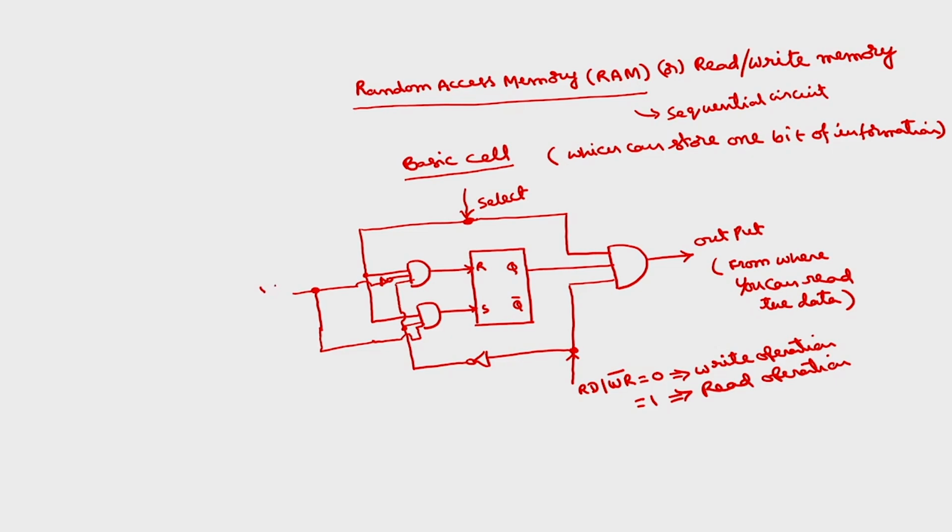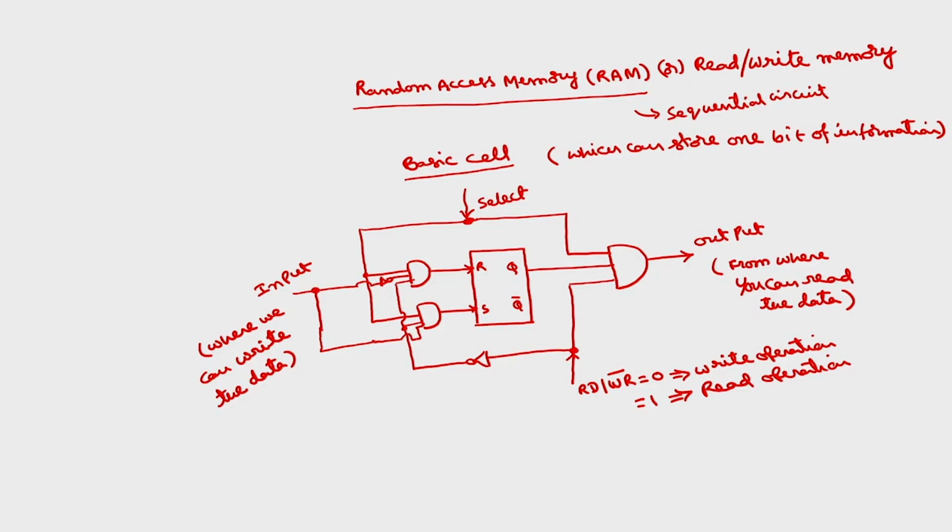This is input where you can write the data. This is the complete 1-bit basic memory cell. We have one input signal, one output signal, one select signal, one read by write bar signal.